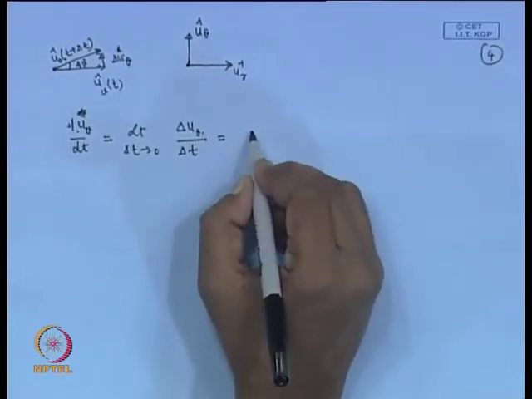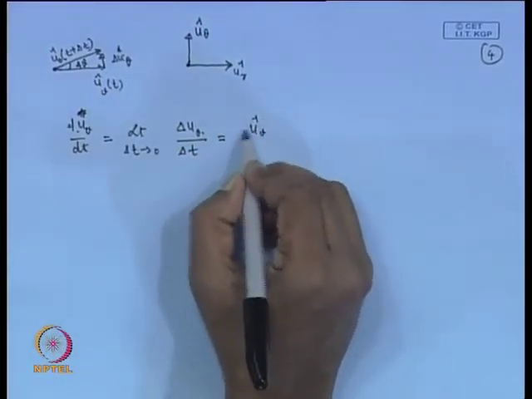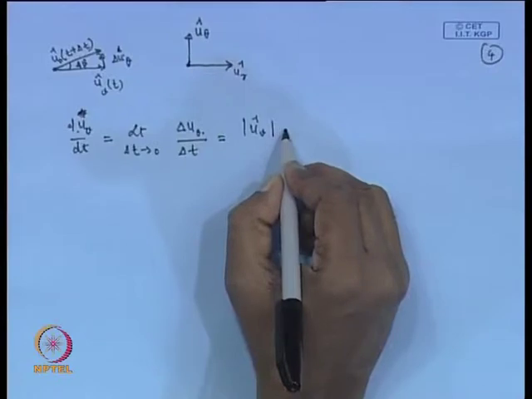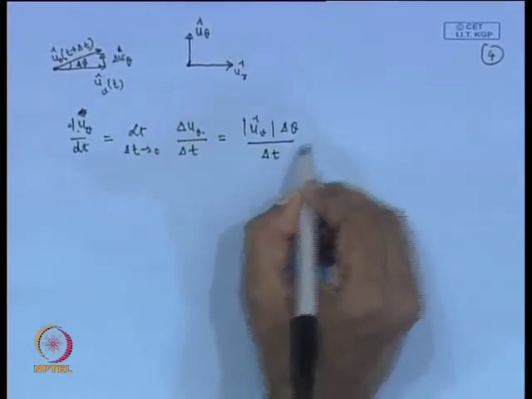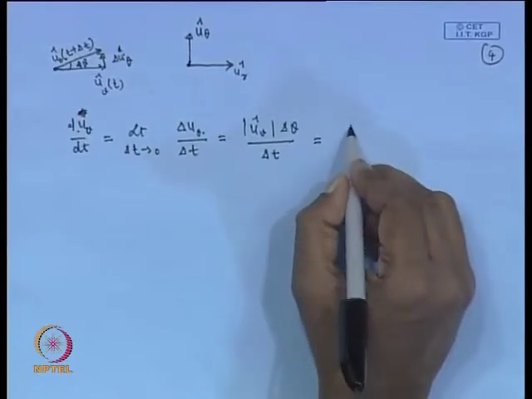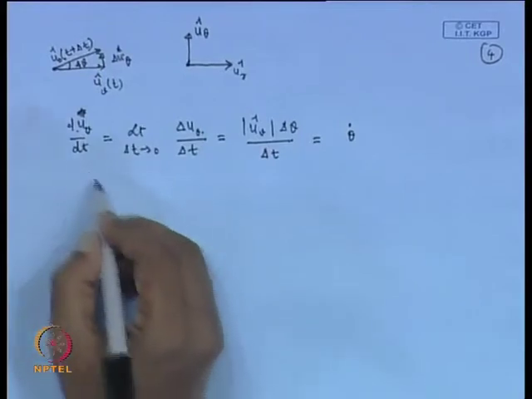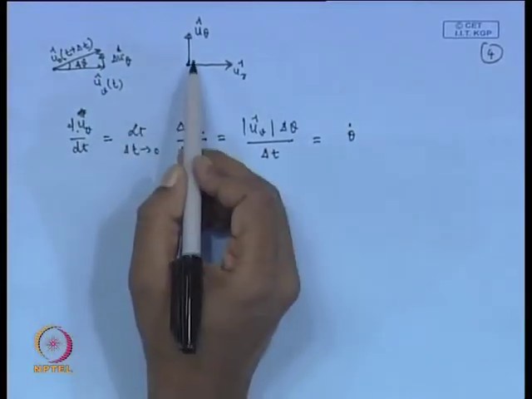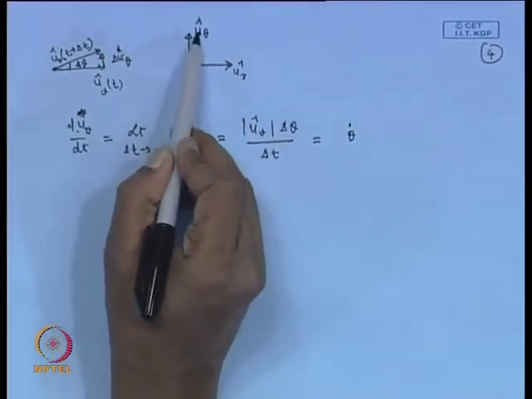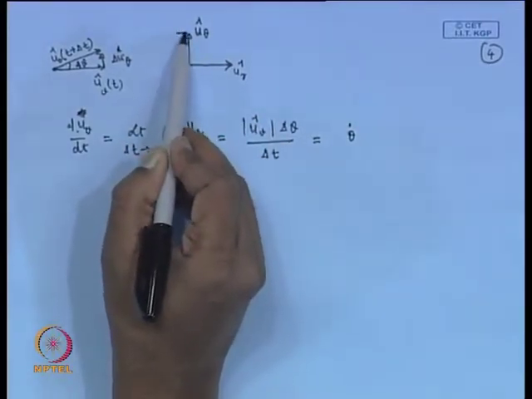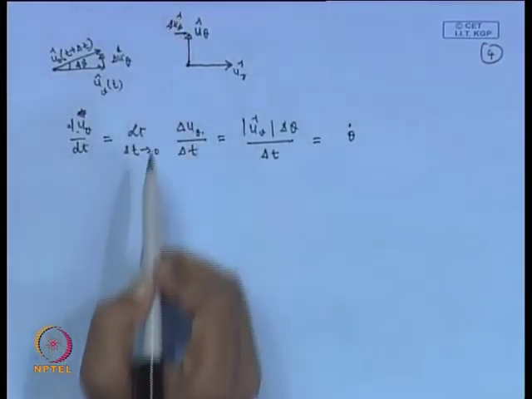Delta u theta we can write as u theta cap magnitude times delta theta divided by delta t. So, this becomes theta dot. And we can see from this place that if we have any change in this vector u theta, here delta u theta will be indicated.